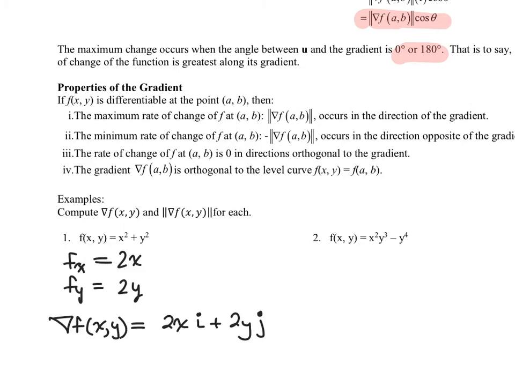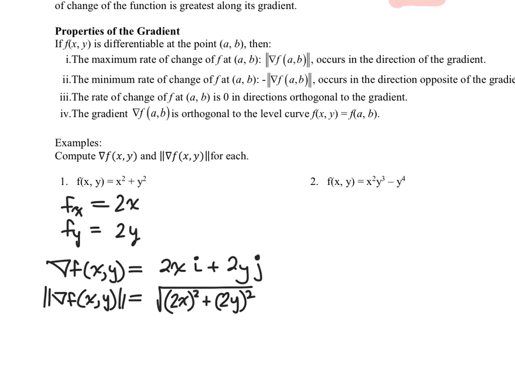The magnitude would be the sum of the squared values, rooted. So we'd be looking at the square root of 4x squared plus 4y squared. You pull out a 4 and root it, so you get 2 times the square root of x squared plus y squared.